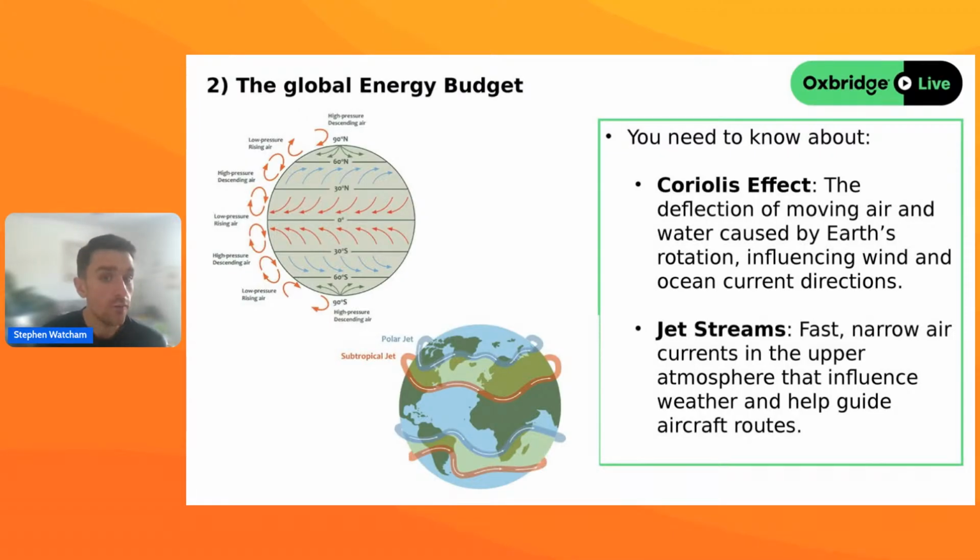While we're on the subject of wind, we also have our jet streams. We know about this in the UK because it literally drives our weather. Fast, really, really shallow and narrow streams of air in our upper troposphere, which influence our weather. They essentially carry weather systems which are closer to Earth across the Atlantic towards the UK.